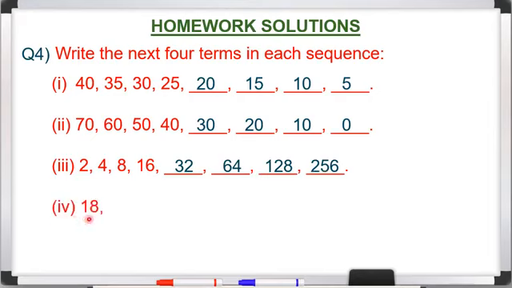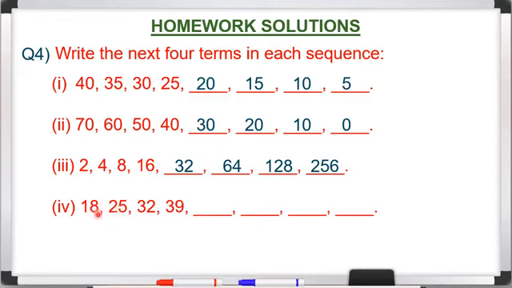Part 4. 18, 25, 32, 39, dash dash dash dash. Here beta, this number series is given in ascending order. First of all you have to find out the difference between the first two given numbers. The first two given numbers are 18, 25. We have to subtract 18 from 25. 25 minus 18, 7.